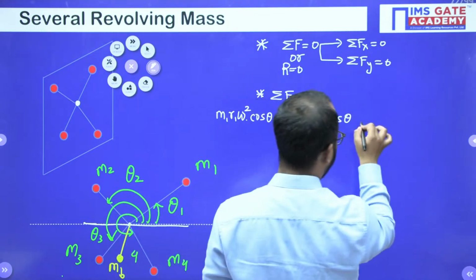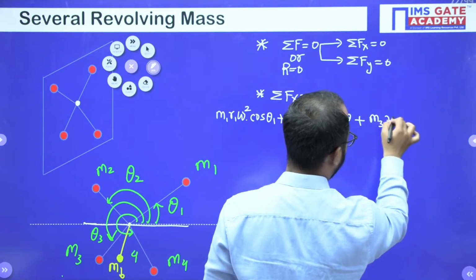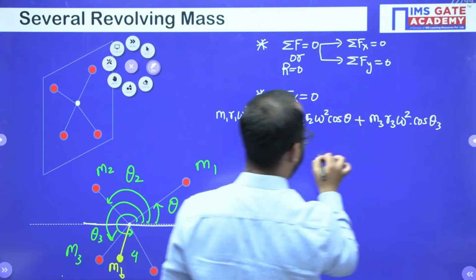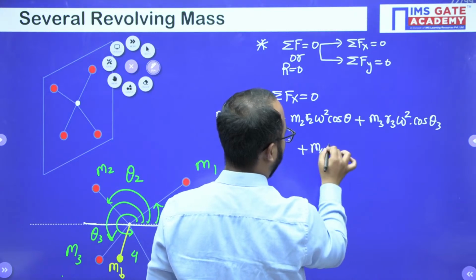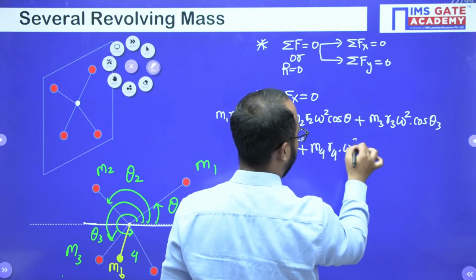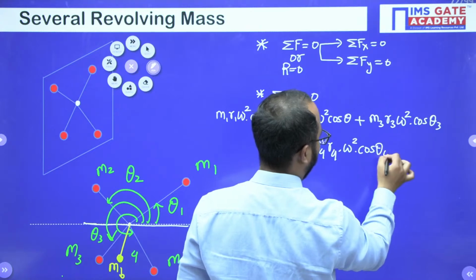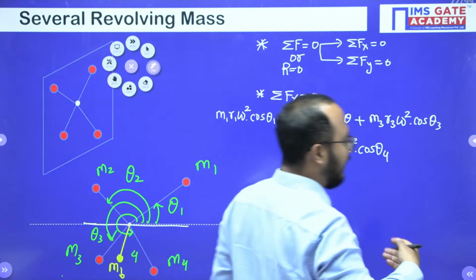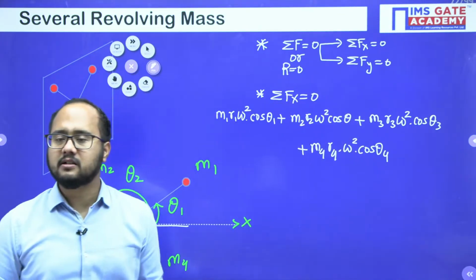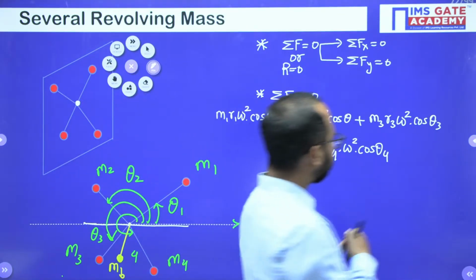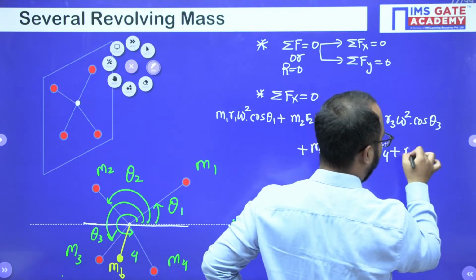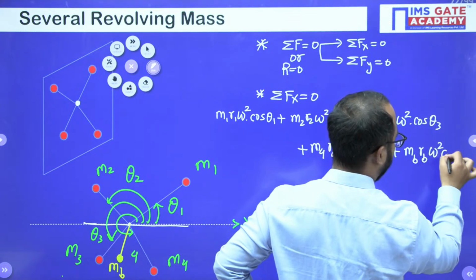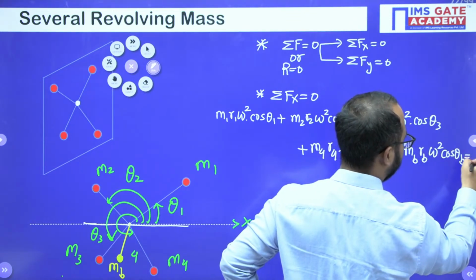Like this we have to do for the third mass also. Plus m4 r4 omega square cos theta 4. Like this it will be there, plus the balancing mass. Because of the addition of the balancing mass, our system gets balanced, right? MB RB omega square cos theta b equals 0.